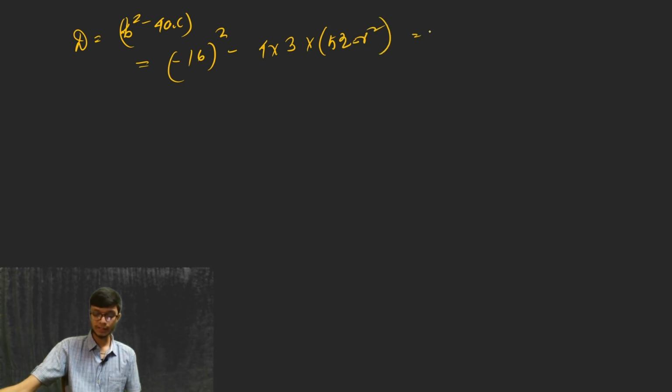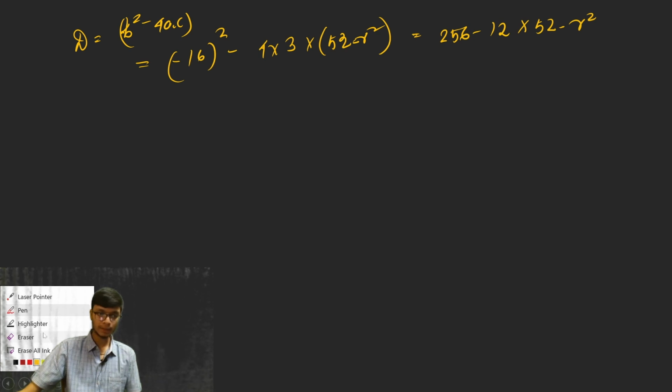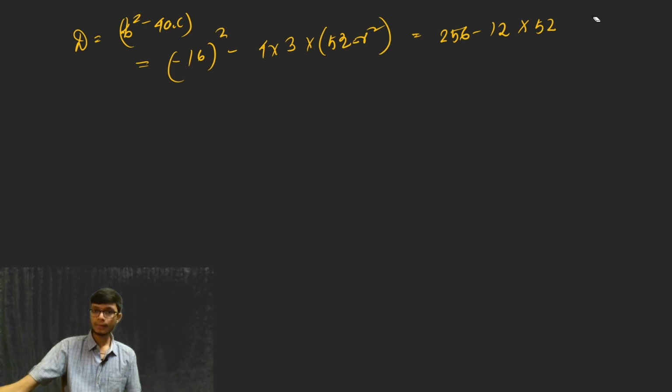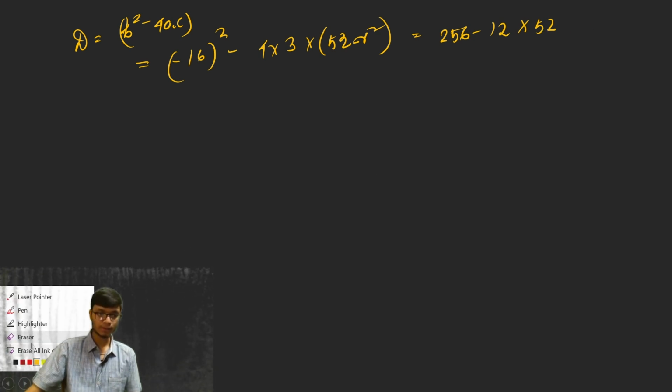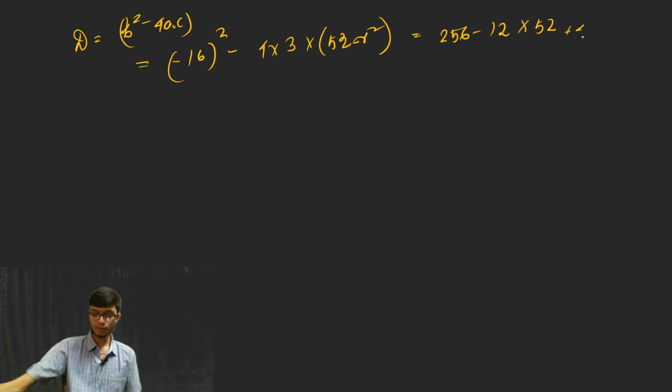If you evaluate this expression, this is equal to 256 minus 12 times 52 minus r square, and multiplying directly, minus of minus becomes plus, so plus 48 r square.